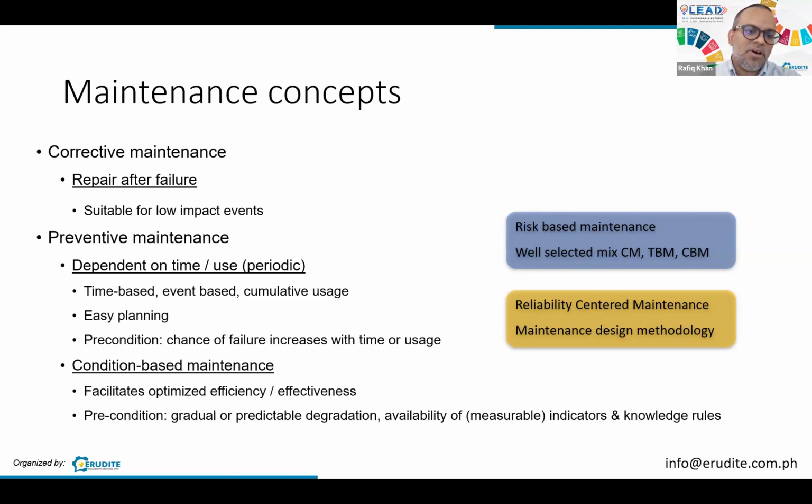So these are based on time, and also usage, meaning time based and cumulative usage, how many kilometers you have traveled. It can also be event based. Sometimes you have events where you think, okay, this is a good time to change the oil, because let's say you have a leak in the gasket, so you replace the gasket.